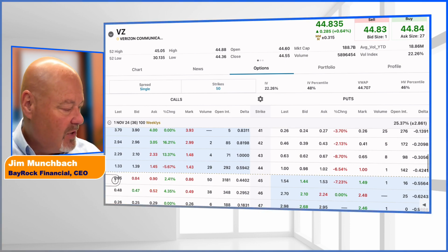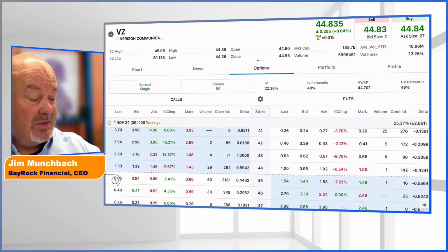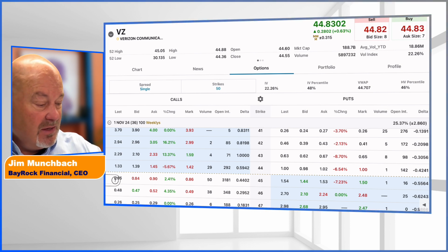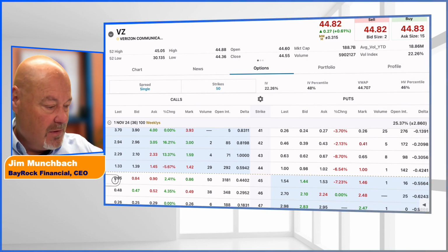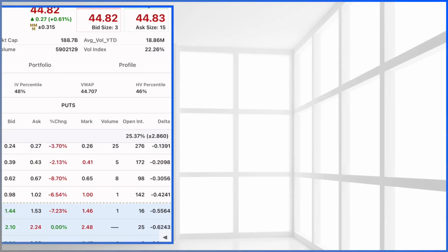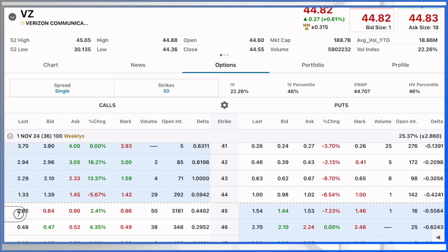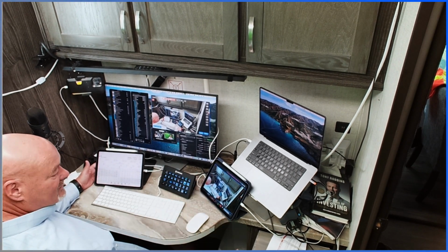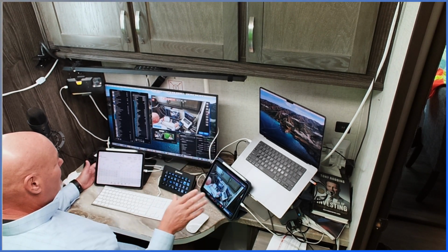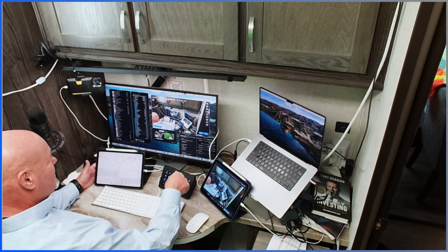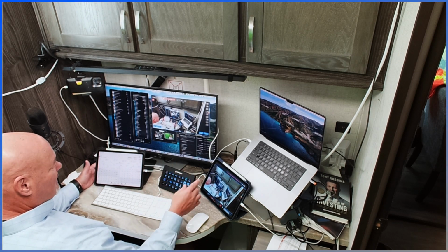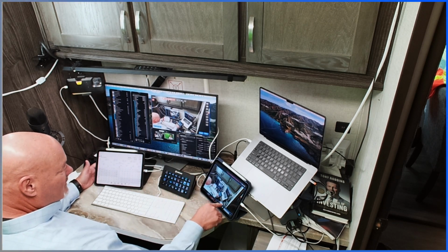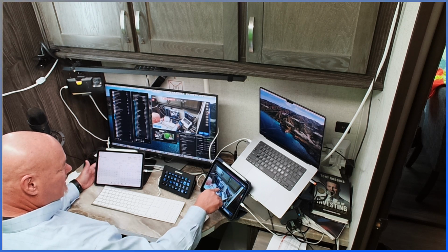So what we have here, let me get my face out of here. You don't need to see me. There we go. By the way, I'm working in my studio today in the RV, so you can see I have very limited space with a lot going on, and it's this thing here that I push buttons on to go from one screen to another.